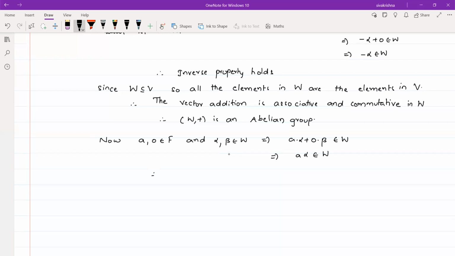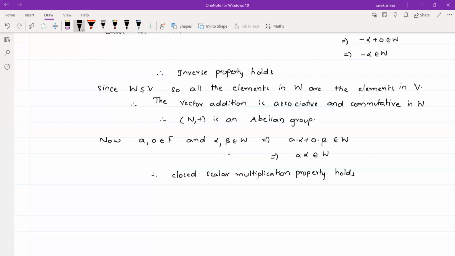Therefore, the closed scalar multiplication property holds.